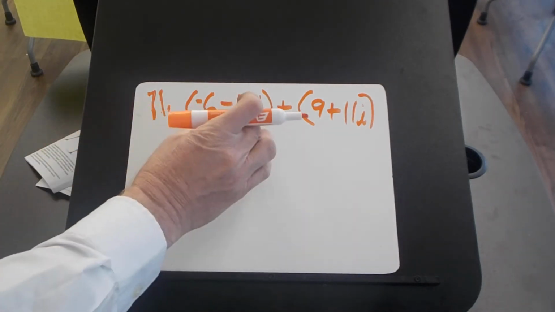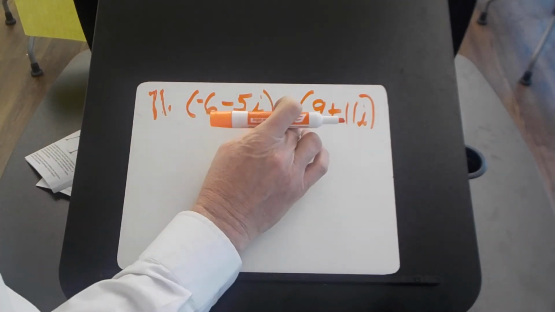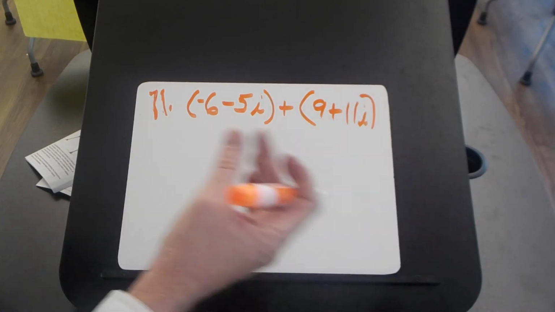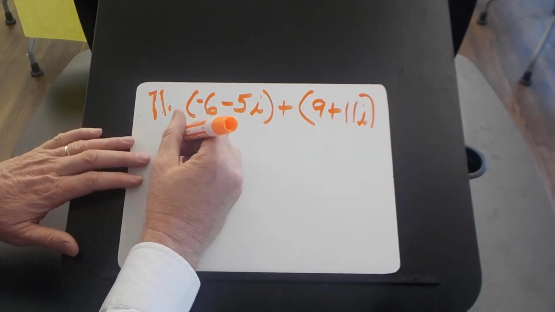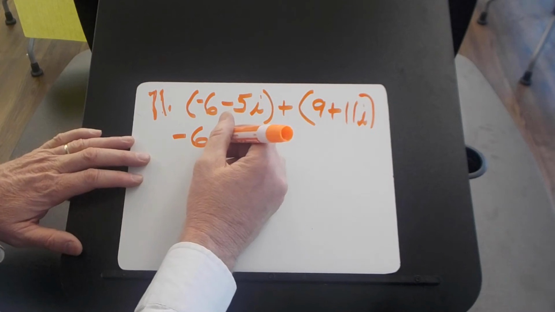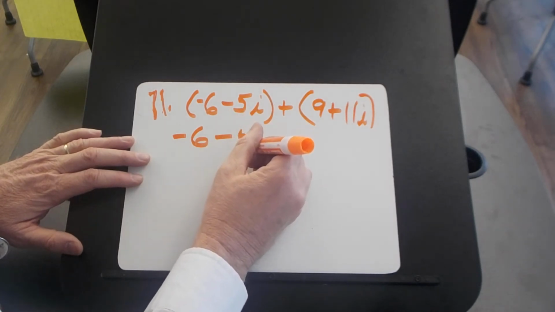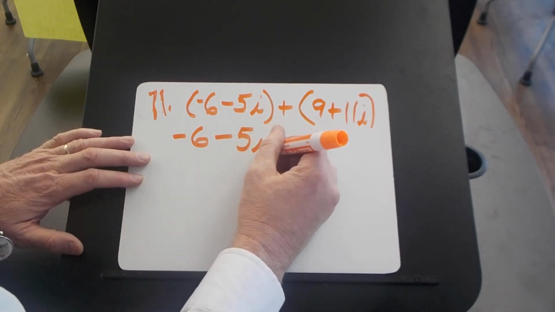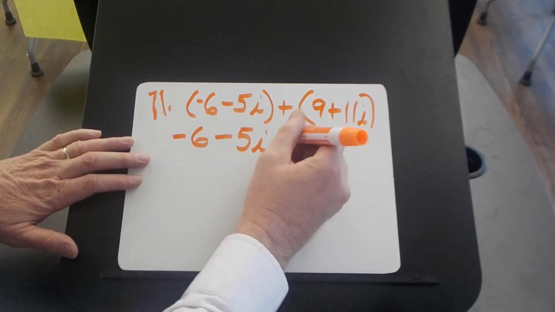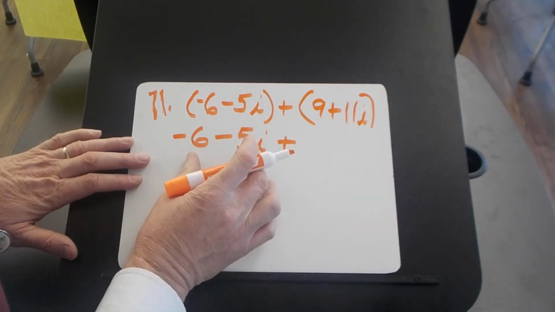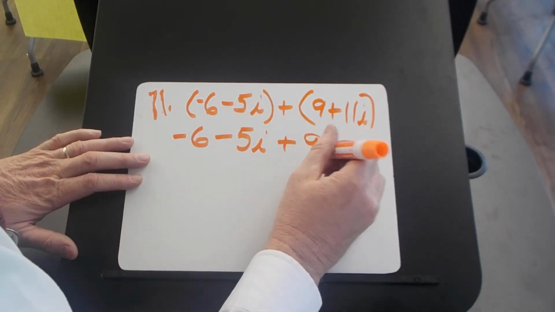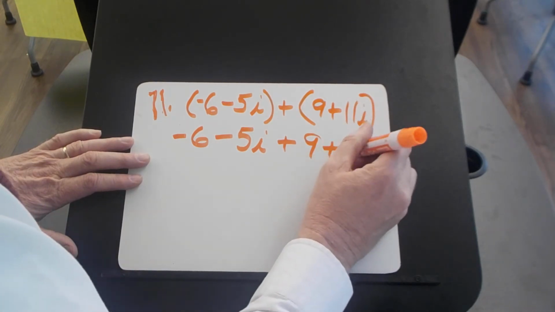Now this is a complex number plus another complex number, and it's done the same way. We are just basically combining like terms. We're combining the real terms with the imaginary terms. So I'm going to get rid of parentheses first. Negative 6 minus 5i plus 9 plus 11i.